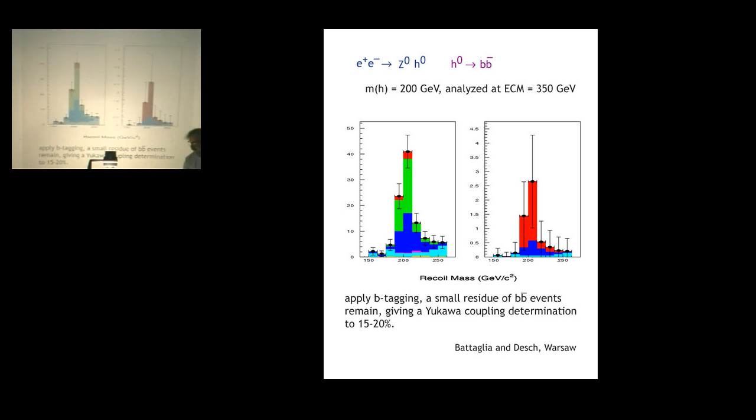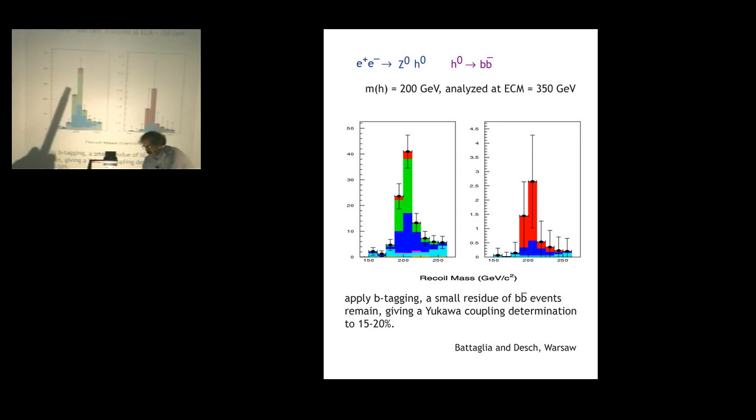Battaglia and Desch showed this slide at the Warsaw meeting, where, for example, they chose a 200 GeV Higgs analyzed at an energy of 350 GeV. You start with an event sample that looks like this in terms of the various contributions to the Higgs branching ratio. You use the fact that W's don't decay to bottom quarks.